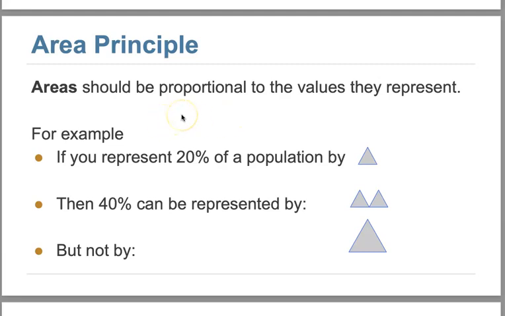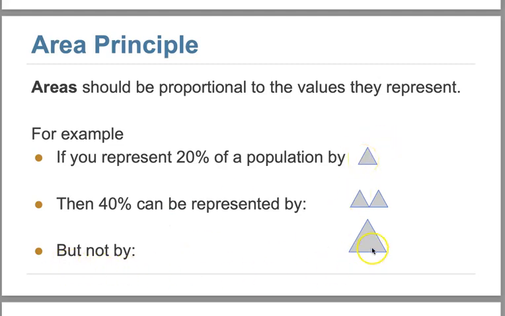In your bar chart specifically, or in your diagram, if you use area to represent some data, areas should be proportional to the value they represent. For example, if 20% of a population is one triangle, then 40% should be twice the triangle.